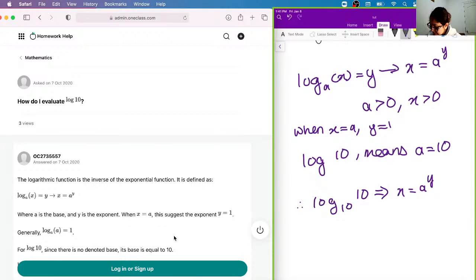Since x is 10 and a is also 10, we need to find the exponent that gives 10, so in this case y would equal 1, right? So log base 10 of 10 is equal to 1.